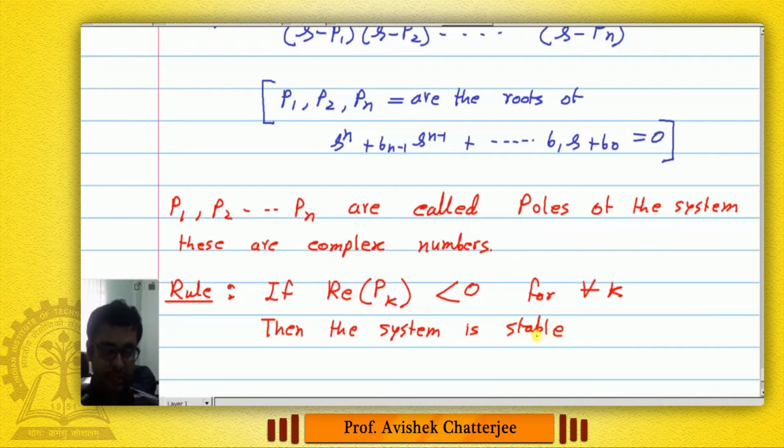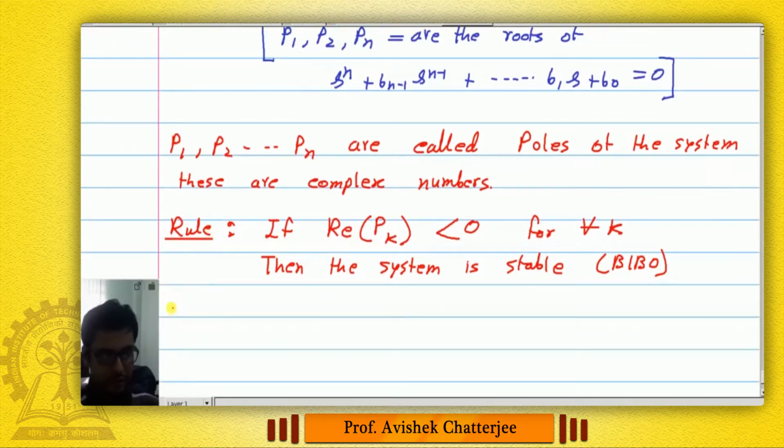Otherwise, it is not stable, unstable in the BIBO sense. This is as simple as that. Now, what is the justification of this rule?